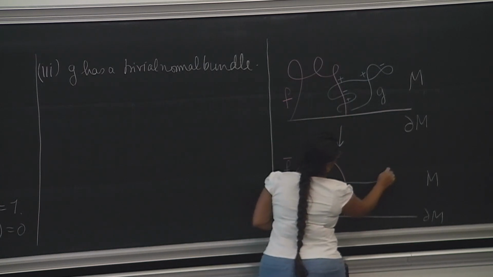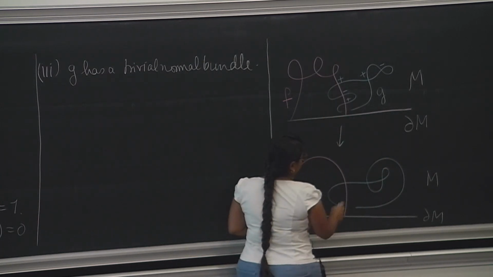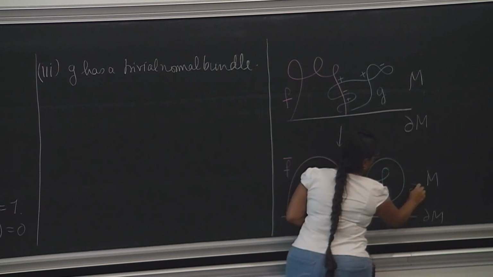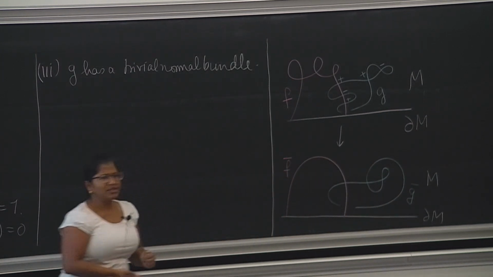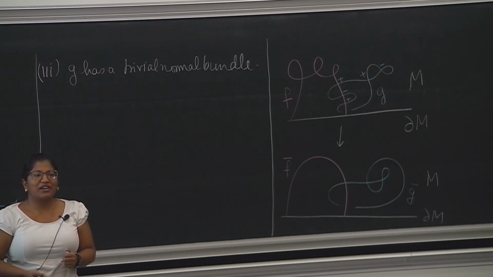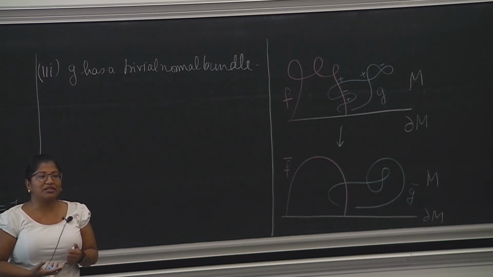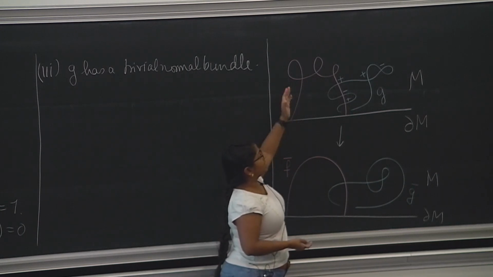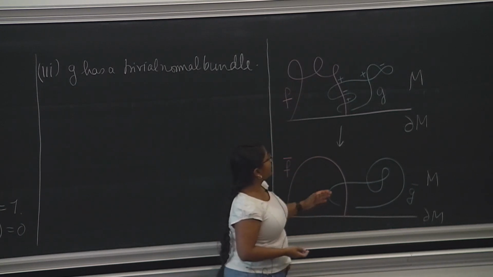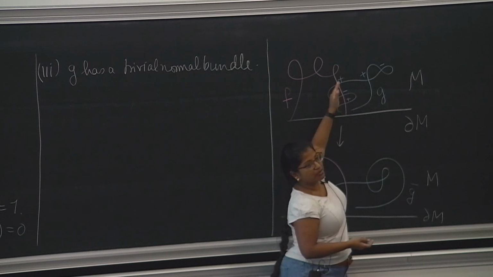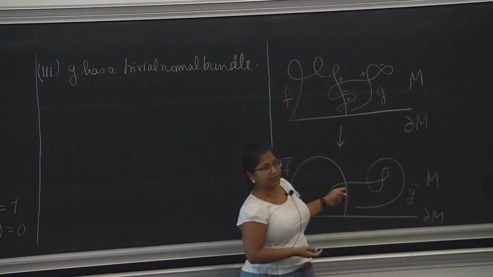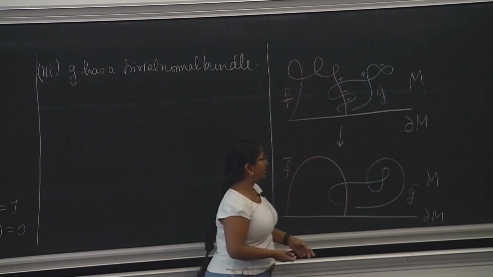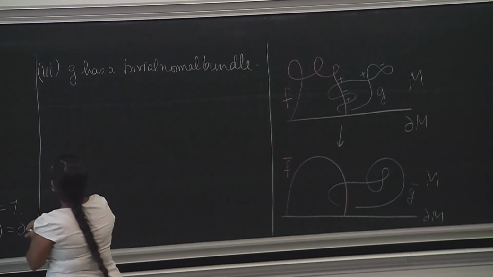I'm going to get something with geometric intersection 1. So this is a sort of try to replace algebra by geometry kind of thing. I get to replace this map of a disk with an embedding, and this algebraic intersection becomes a geometric intersection.